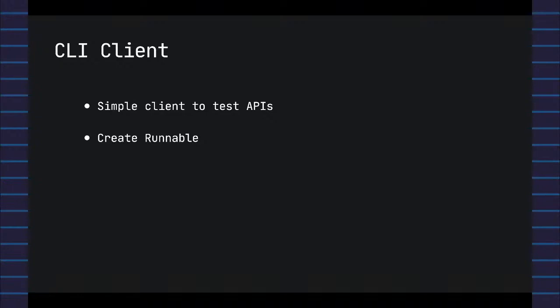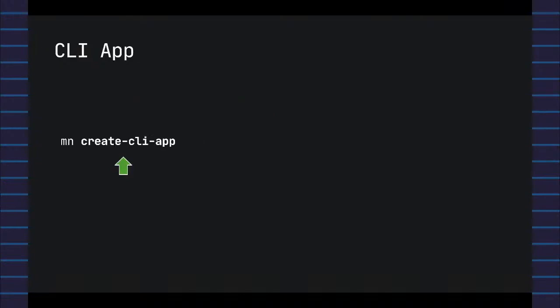Inside of there, you could create a client to ingest your API and test it out. The way you do that is that this tool has this command, create CLI app, and you provide it the language and the package name. What this will do is create the scaffolding, minimal code that you could use.